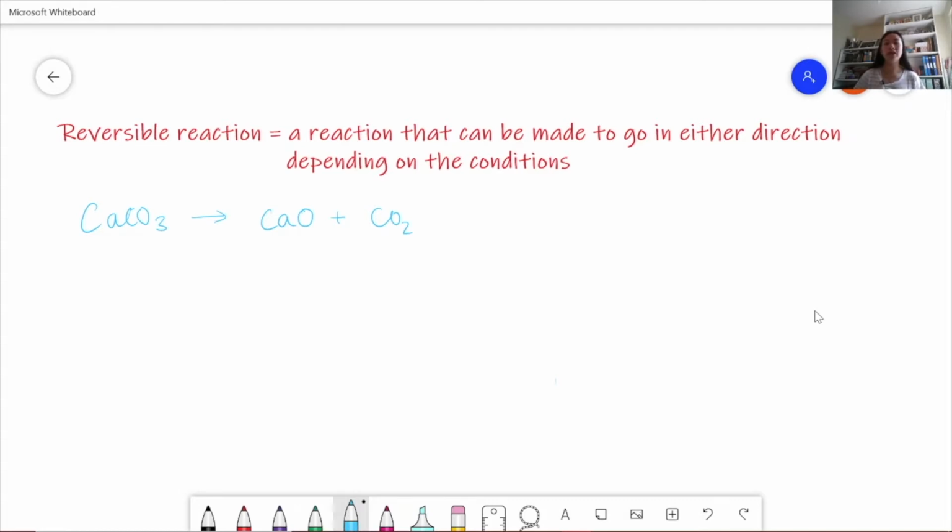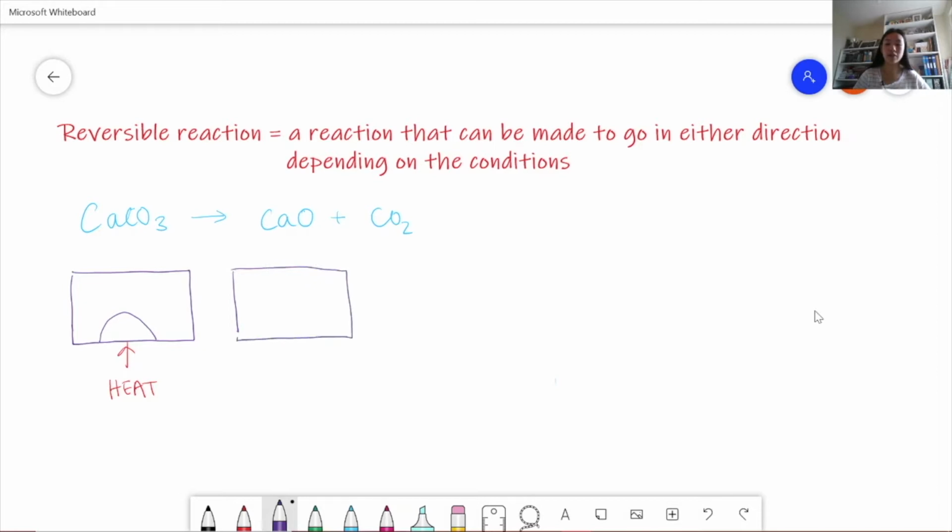However, if we used a closed system, so we had it in a box, for example, so if we had some calcium carbonate in a box and heated that, what would be produced would be the calcium oxide and the carbon dioxide gas.